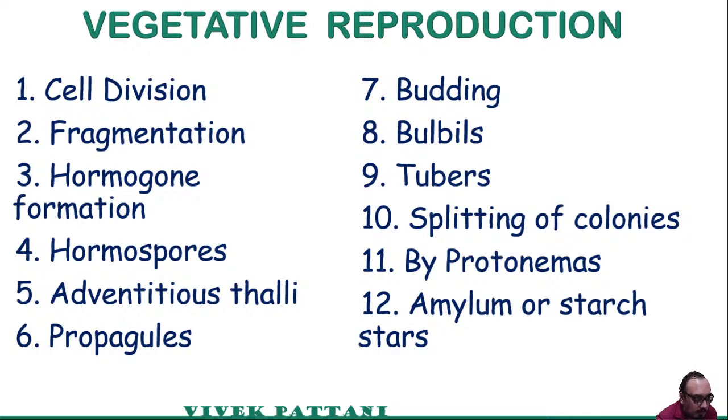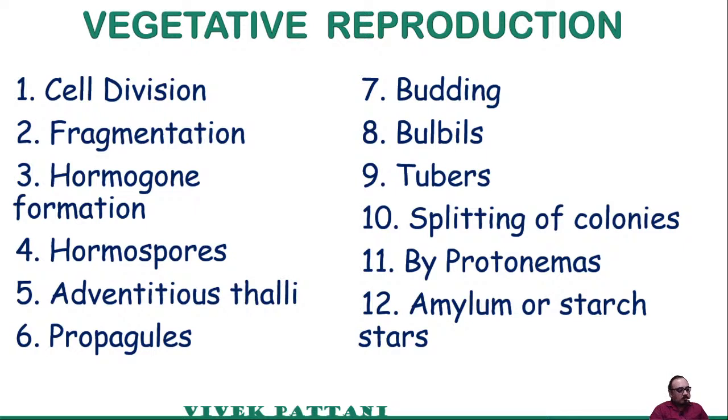So starting with the first one, I'm just going to give you some of the idea. The first one is the cell division, which is usually found in the case of unicellular algae.